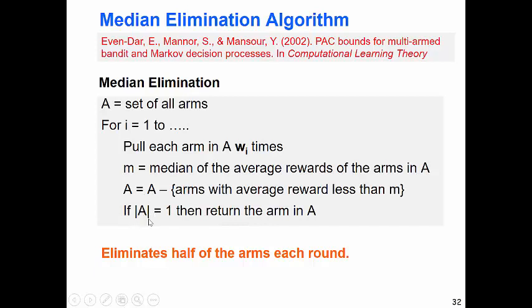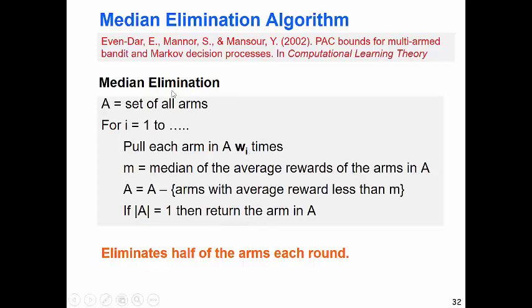And if at that point A has size 1, then we're going to return that arm. Otherwise, we're going to go to the next round, and we're going to pull each arm in the remaining set WI times. And WI is going to tend to increase over time. And then you're going to eliminate half the arms based on their average reward, and keep on doing this until you get down to one arm.